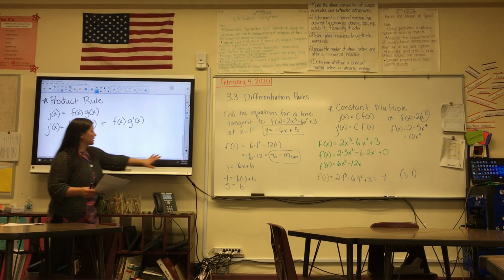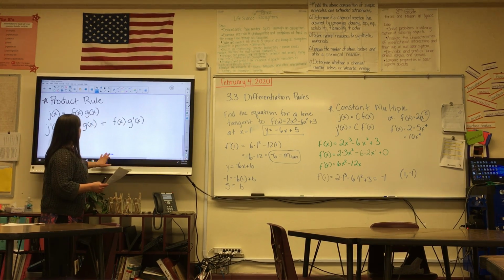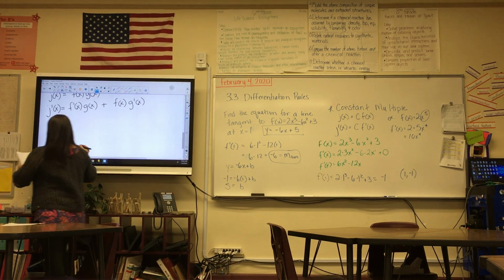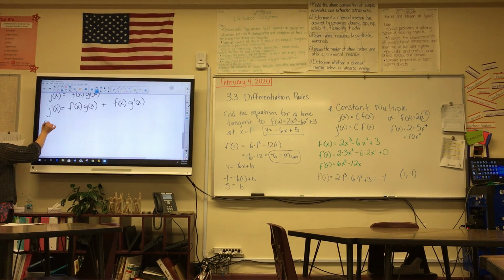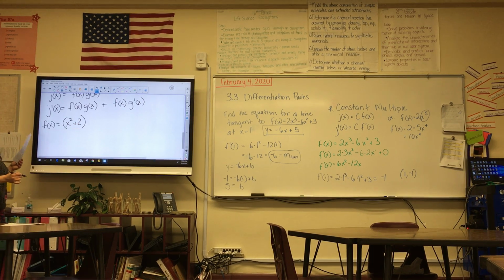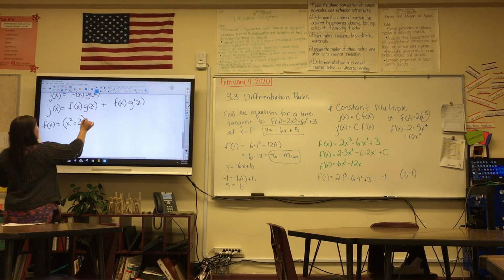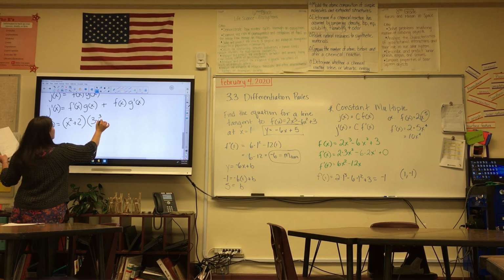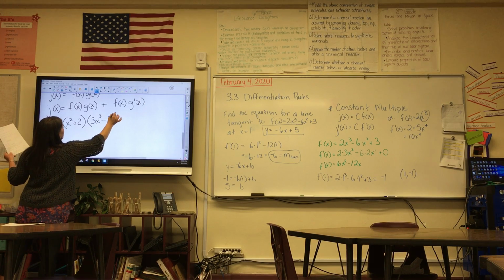So let's see what that looks like. Let's say I have f of x equals x squared plus 2. There's my first function. And then I have 3x to the third minus 5x.